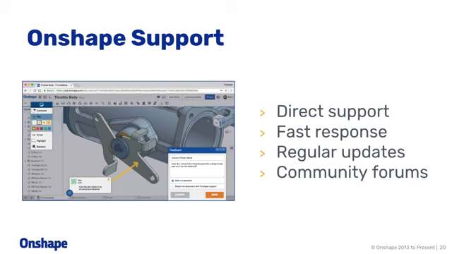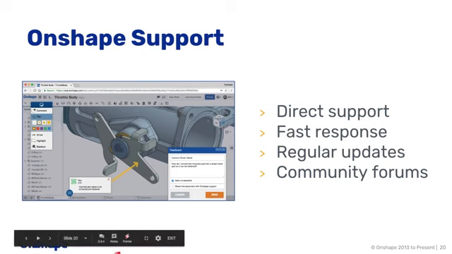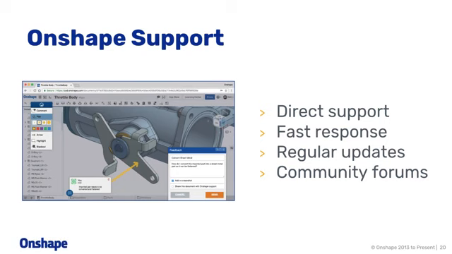Because it runs in a browser, you don't have to collect what kind of machine you're working on or what kind of setup you have and what graphics card you're using. You don't need to do that. Literally just draw on the screen, explain the problem, share the document with Onshape Support if you wish for a quicker response, and we'll get back to you extremely quickly, mostly within a few hours.